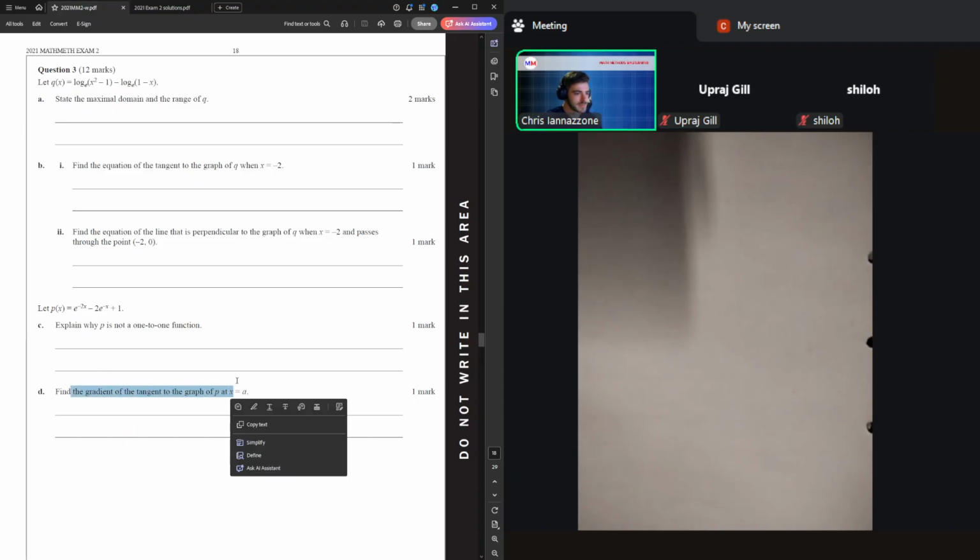Anyway, part D, much more straightforward. Find the gradient of the tangent at x equals a. Slightly more challenging, I guess, than what you might see in a textbook. Only slightly.